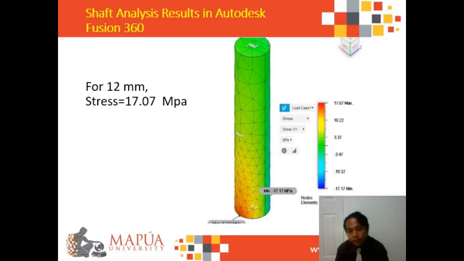And as you've noticed, the results we got in Autodesk Fusion 360 are mostly the same as the results we got from the theoretical analysis. So this shows that we got accurate results using the simulation. And that concludes my presentation.